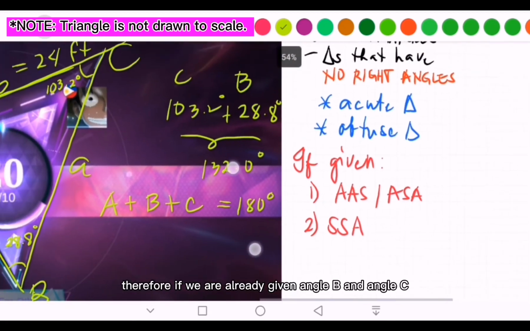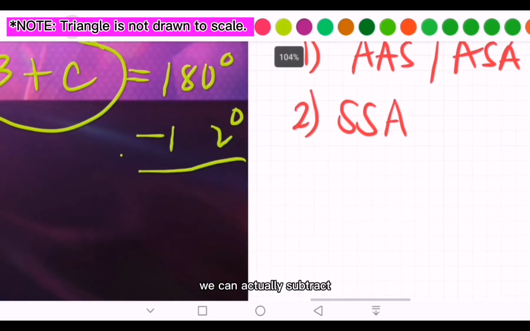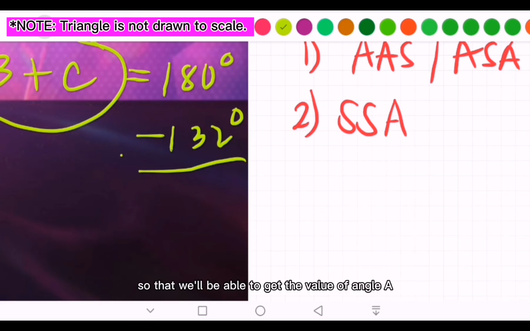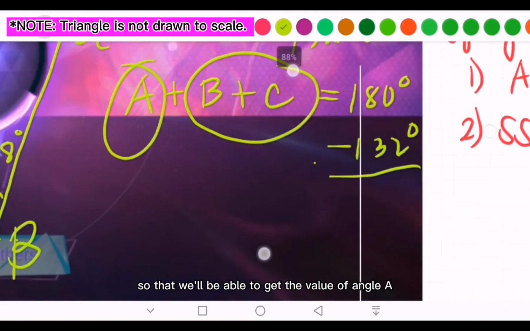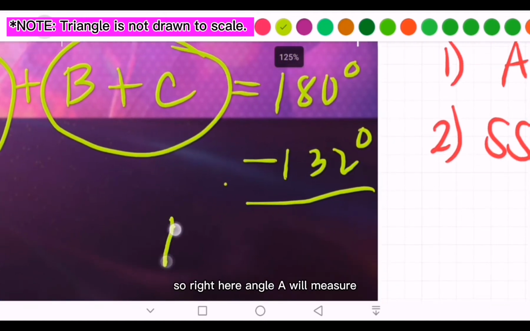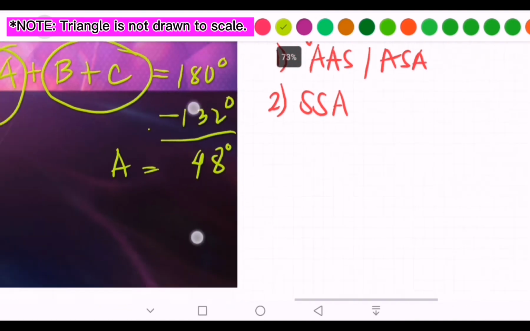Therefore, since we are already given angle B and angle C, we can subtract 132 from 180 so that we'll be able to get the value of angle A. So right here, angle A will measure 48 degrees.